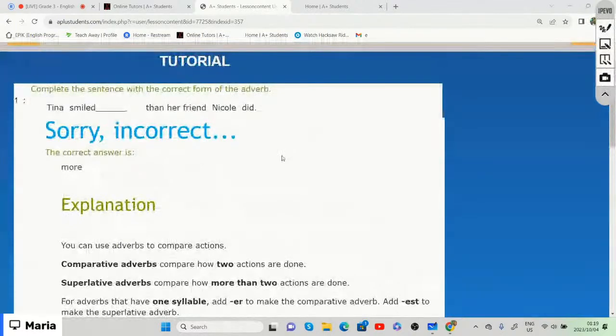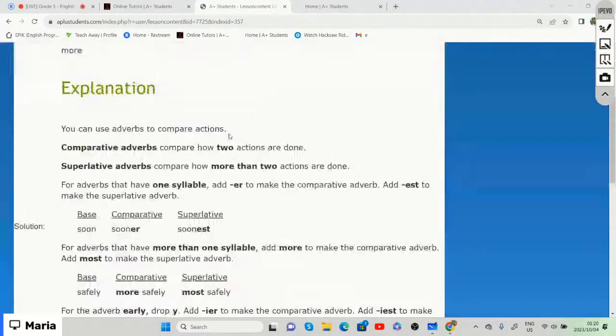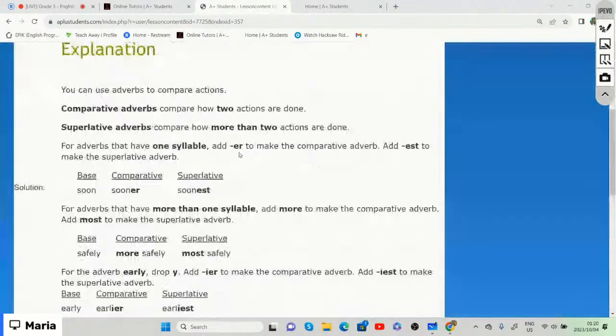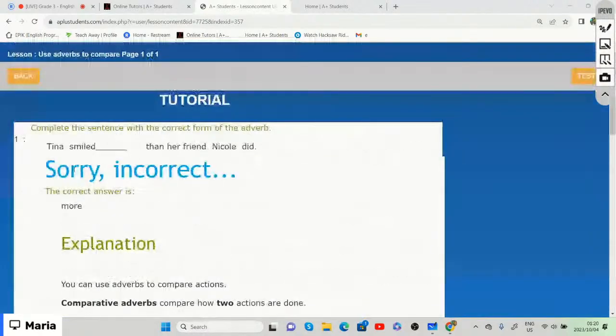All right, so if we look at the sentence, we need to complete the sentence with the correct form of the adverb. Tina smiled, then her friend Nicole did.